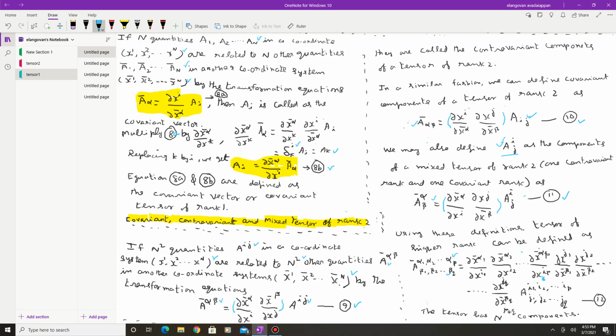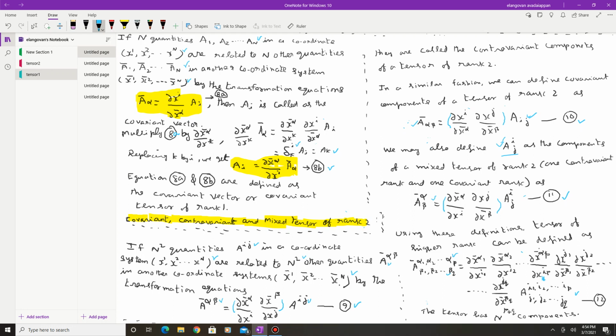Then partial dx j1 divided by partial dx beta 1 bar, dx j2 divided by partial dx beta 2 bar, and so on up to partial dx jq divided by partial dx beta q bar. A, here the superscripts are i1, i2 up to ip, and j1, j2 up to jq.